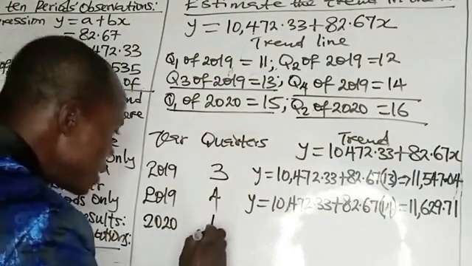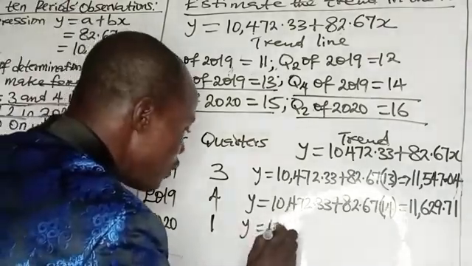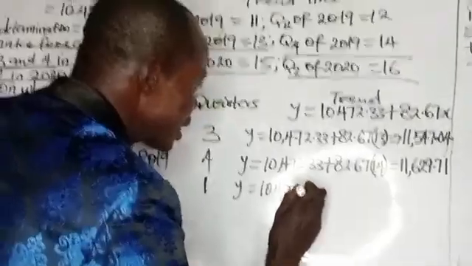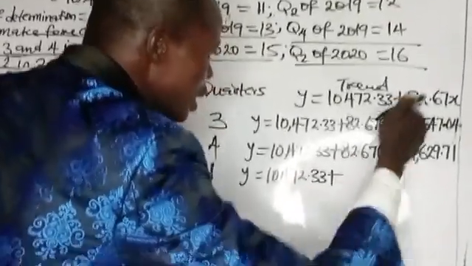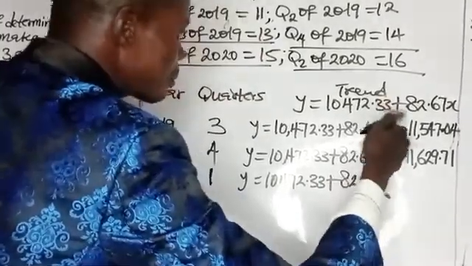Then the year 2020, the first quarter, we have y equals 10,472.33 plus 82.67 times x.